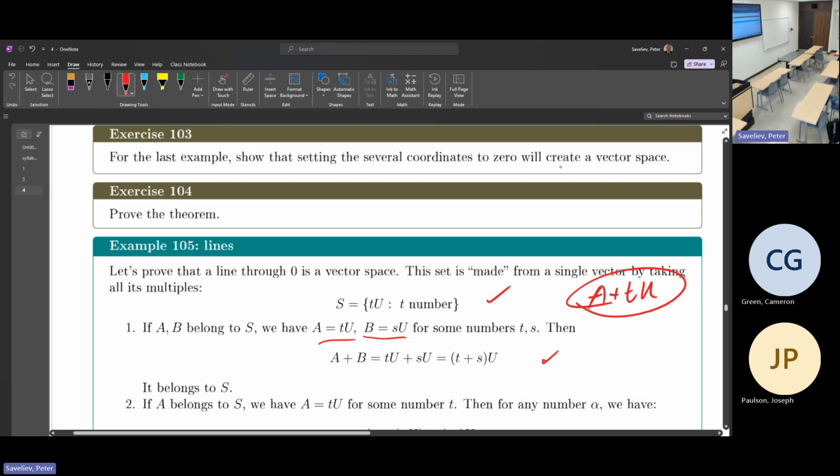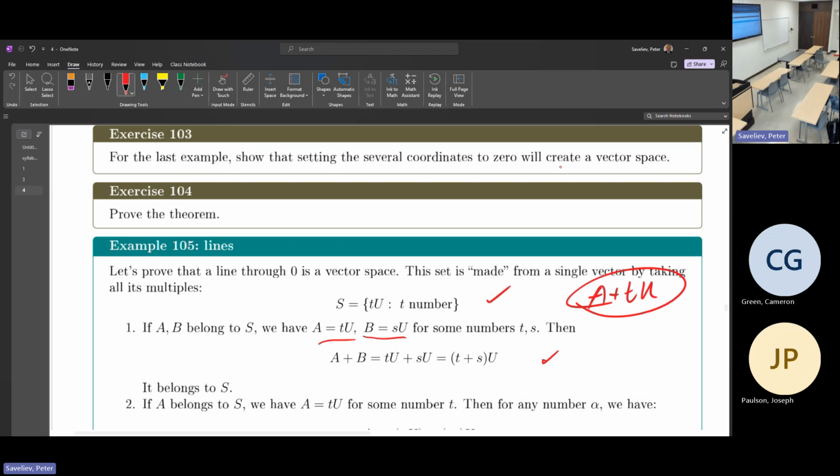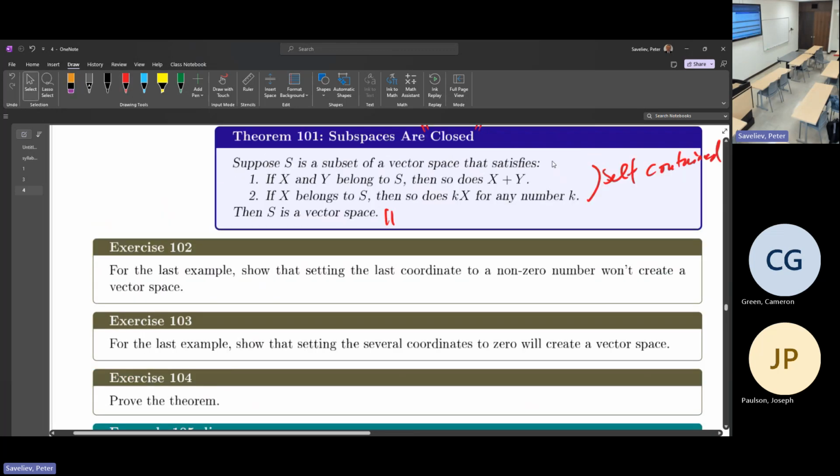Vector V is su, so two different vectors within the same space S. If I add them together, the end result is t plus s times u, which also happens to be a multiple of u. So if you have two multiples of u and add them together, is it a multiple of u? The answer is yes. So that proves that my line is closed under vector algebra.